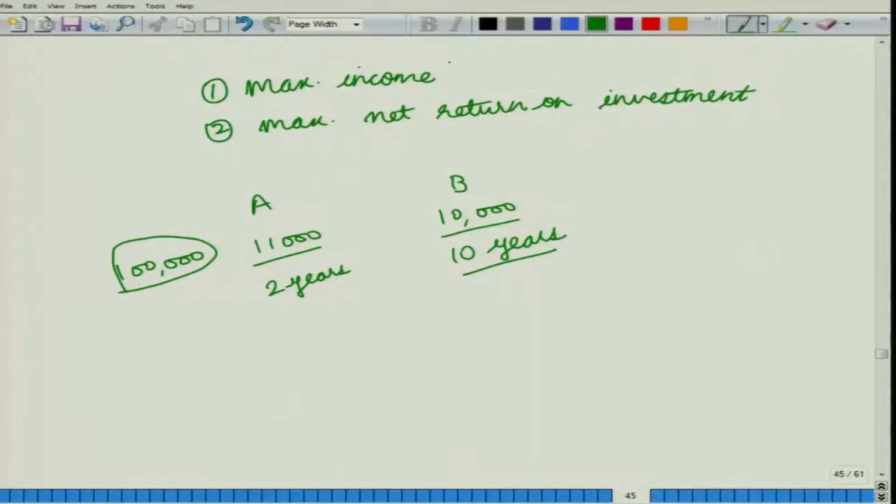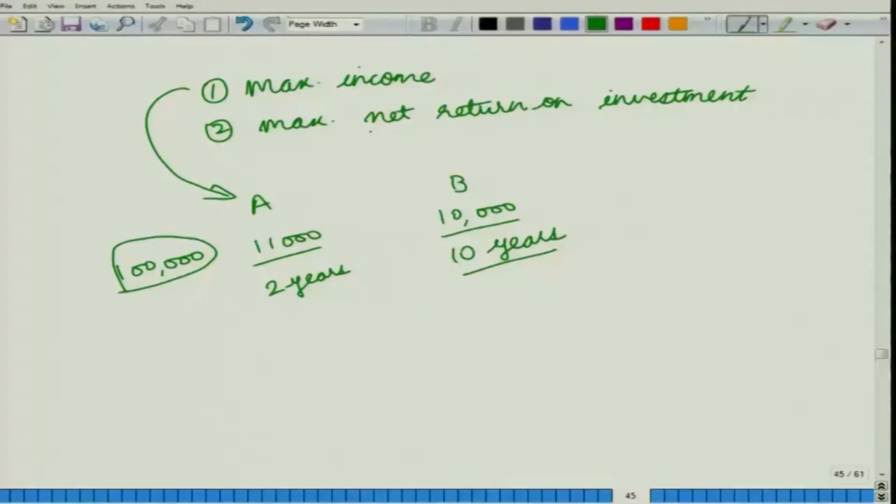Now, if we looked at maximum income, then at every time t, say every month, in plan A we are getting an income of 11,000 rupees, whereas in plan B, we are getting only 10,000 rupees. So, if we wanted to maximize our income, we would be choosing plan A.